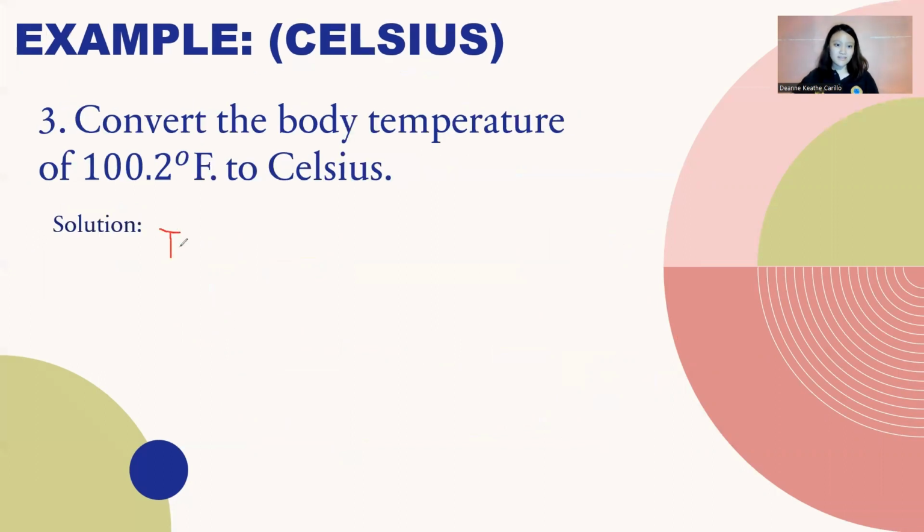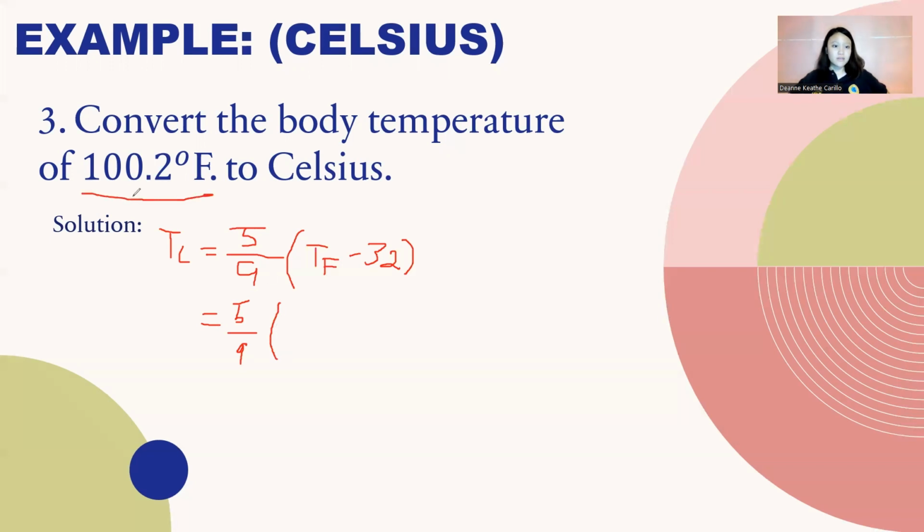Let's write the formula first. Let's read the question first. Convert the body temperature of 100.2 degree Fahrenheit to Celsius. Now let's proceed to the next step. 5/9 multiplied by our given temperature Fahrenheit, 100.2 Fahrenheit minus 32.